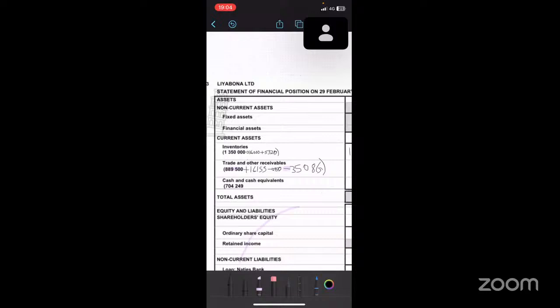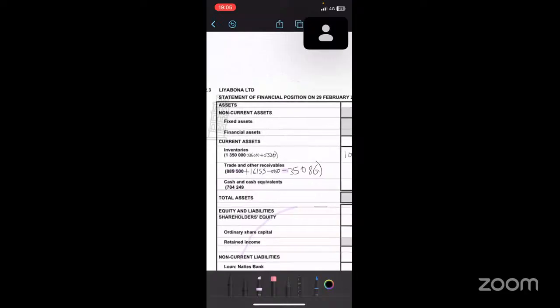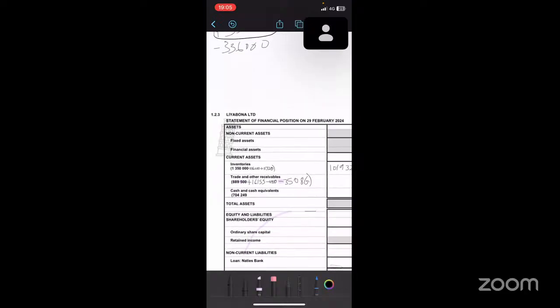Is that 35,086? I think so, ma'am. I'm not sure. Yes. So you add everything together to get your trade and other receivable balance.